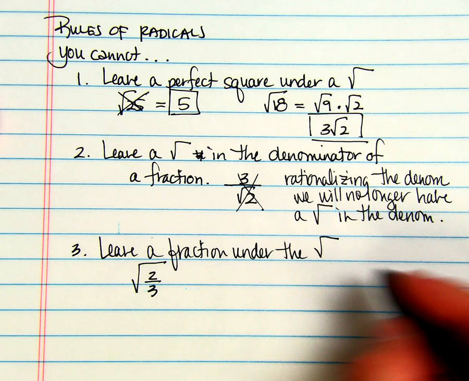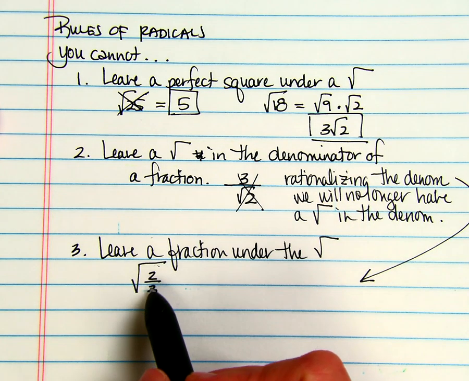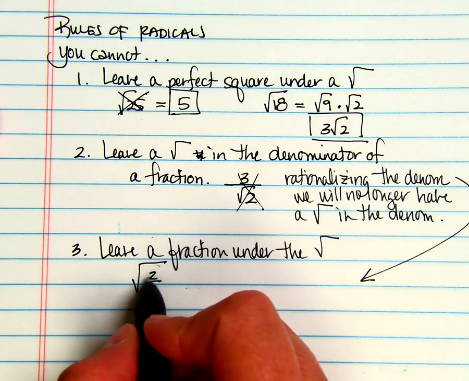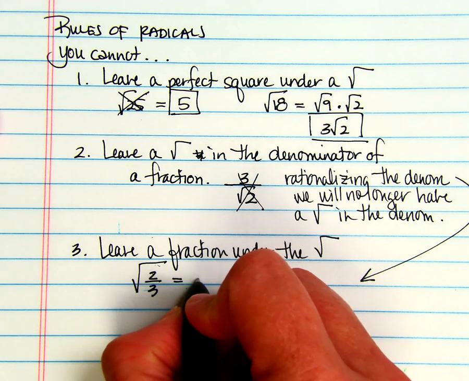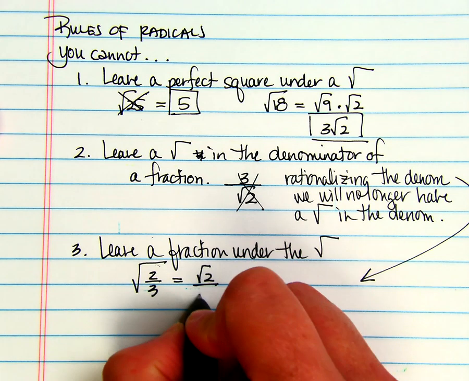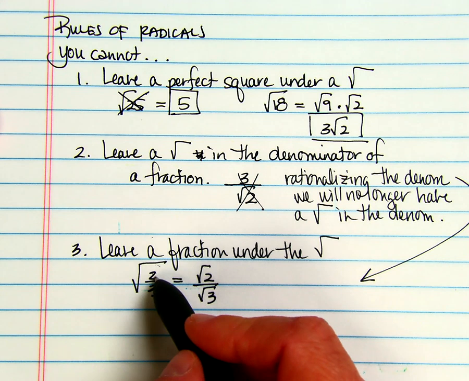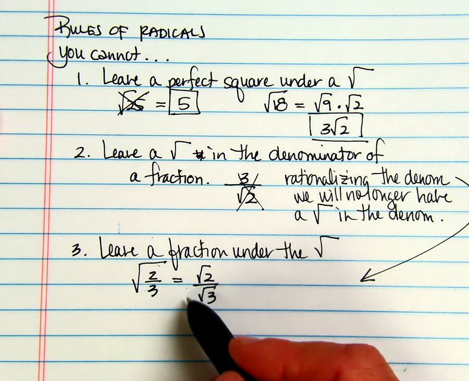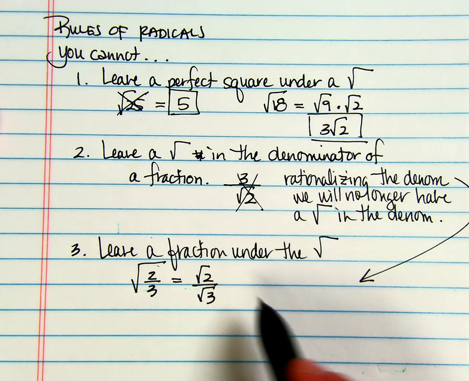Again, we would have to rationalize the denominator here. One thing I do want you to note is that when you have a fraction underneath the radical, you can split up your numerator and denominator. The 2 is under the radical and the 3 is under the radical, and they are still both under the radical. So we'd actually have to rationalize the denominator here as well.